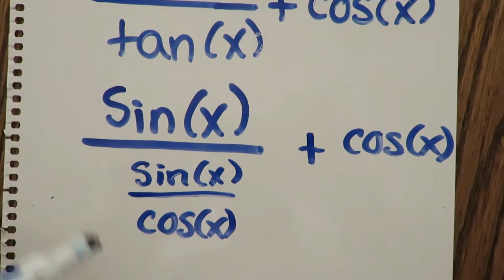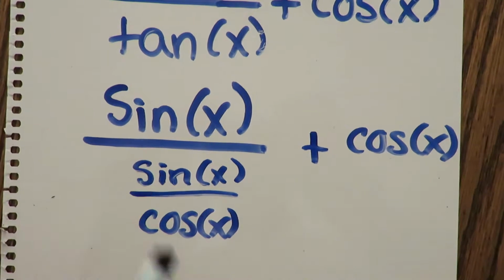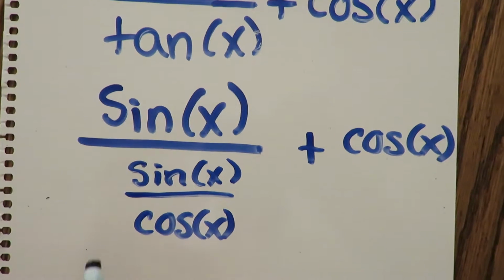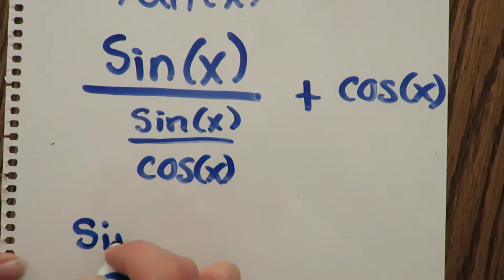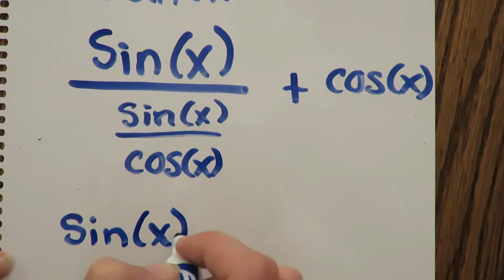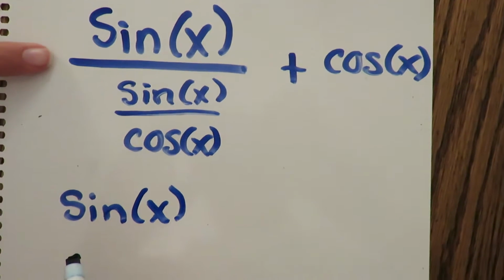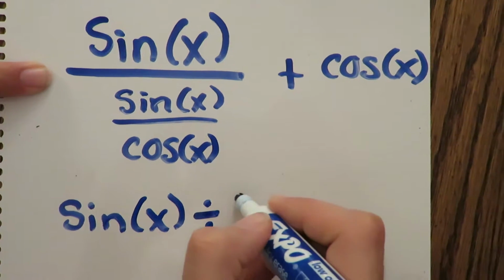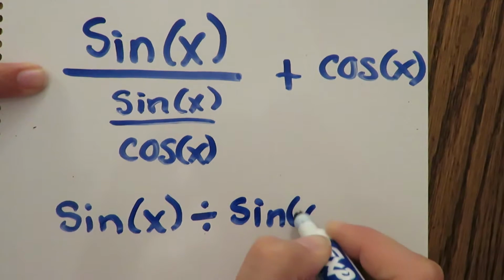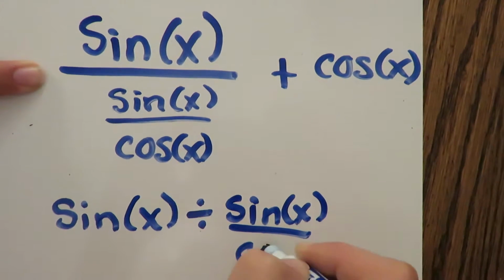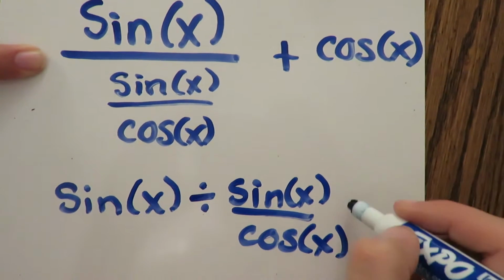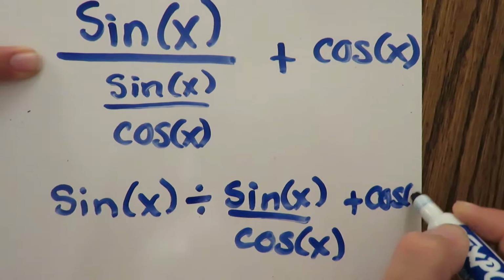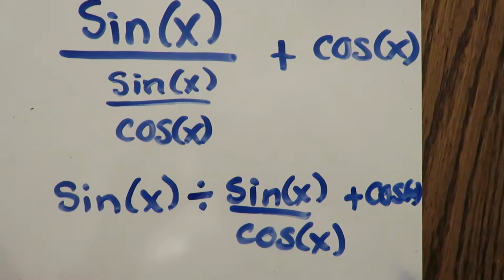If ever you have something like this, a number divided by a fraction, my suggestion is to write that out with the division sign so you can actually see what's going on. So sine of x, this big fraction line just means divided by sine x over cosine x. And I still have plus cosine x on the end.